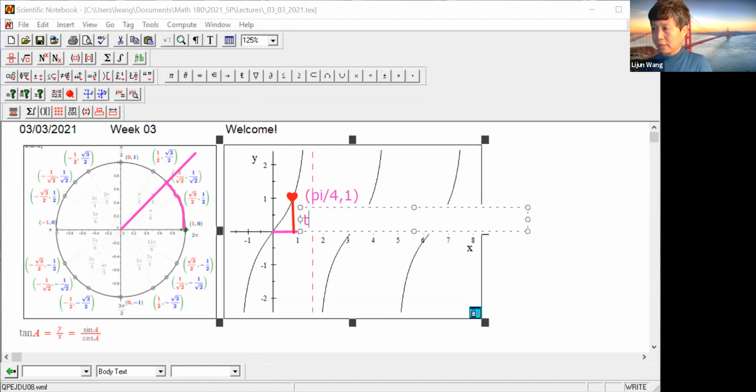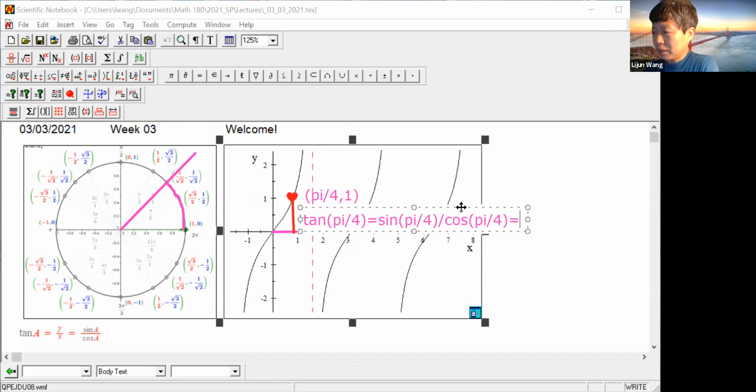This height is tangent pi over 4, which is the ratio of sine of pi over 4 divided by cosine of pi over 4, which is, in fact, just the blue number divided by the red number. Do you guys follow me?